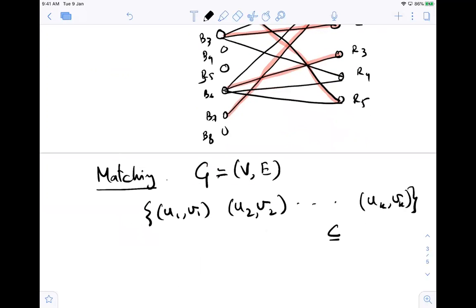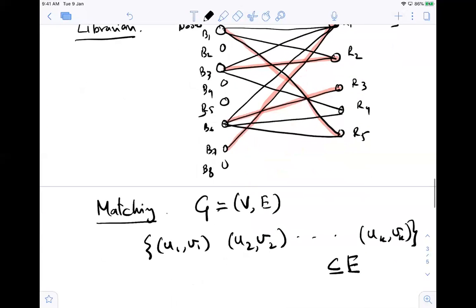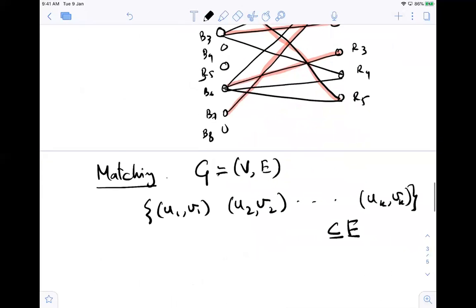All of them are a subset of the edges, the edges that I have colored in red in some sense. And what is this property that it is supposed to have?